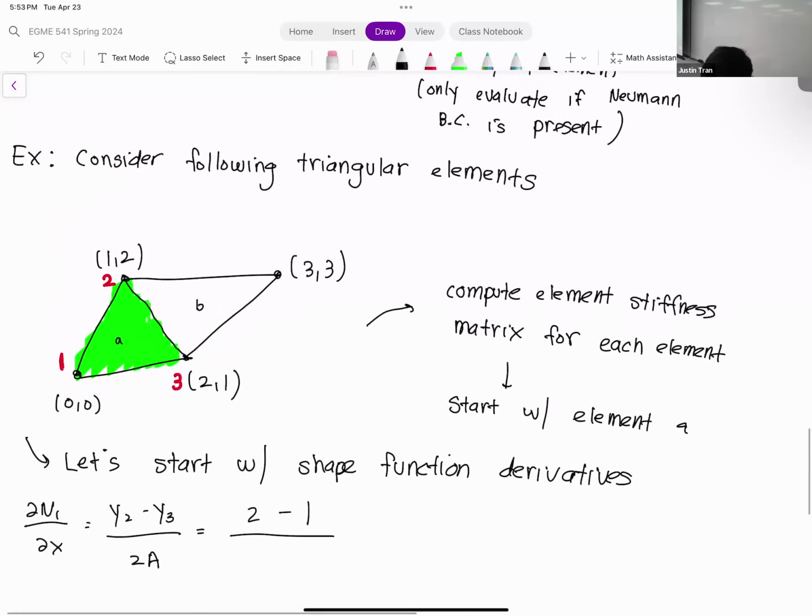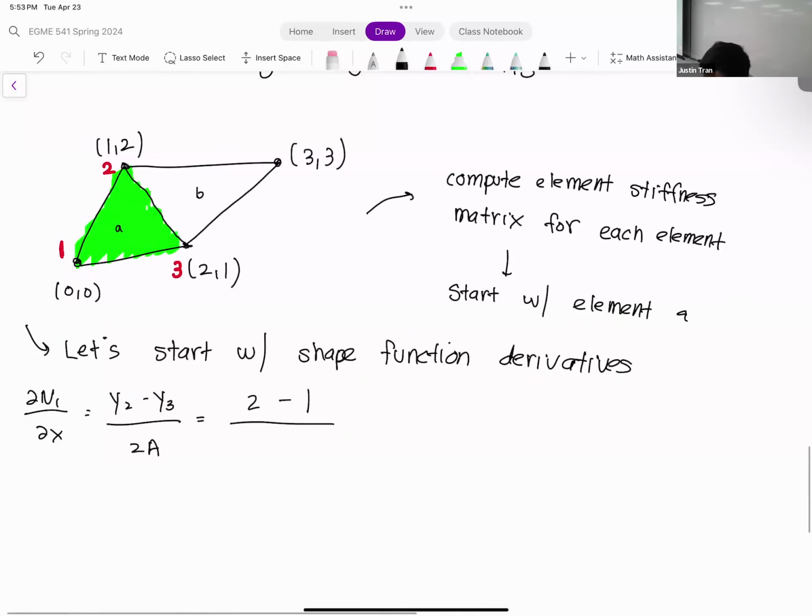We divide this by 2 times a, and so 2 minus 1 on top is 1, and we get 1 over 2a. I'll compute the area in a second, but you'll see from the problem that the area doesn't matter all too much. It's going to cancel out.